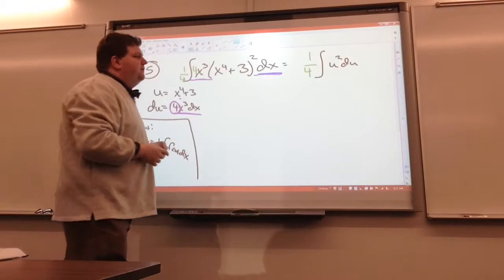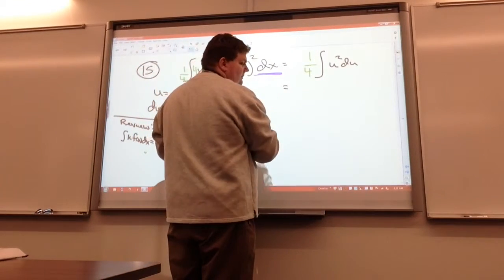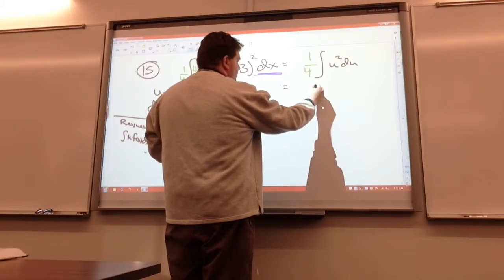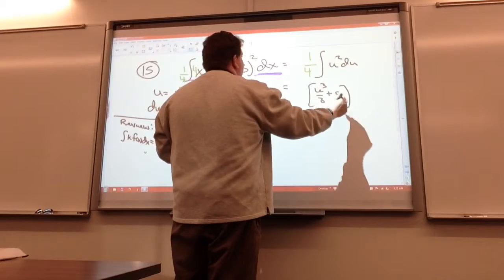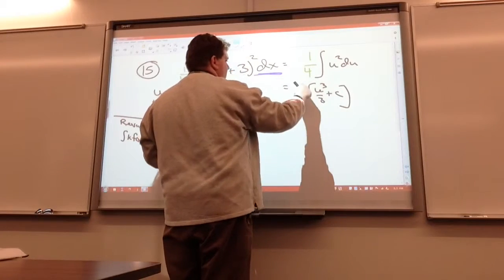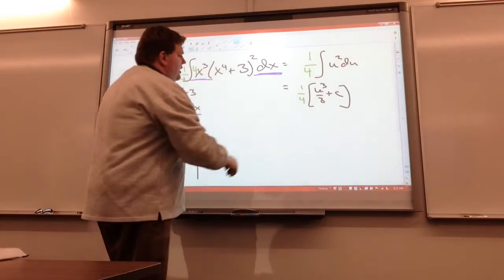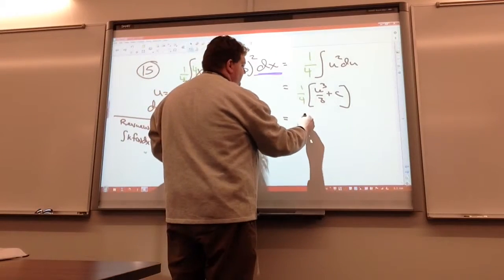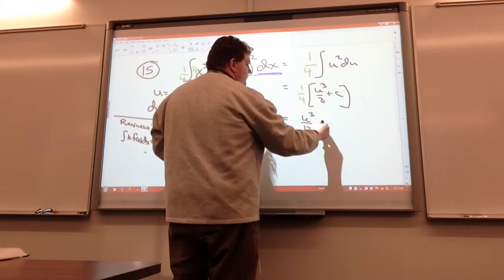What's the antiderivative of u squared? It's u cubed over 3. U cubed over 3 plus c, and then out in front of that all is still 1/4, so it'd be a 12. And if you wanted to write your final answer out, yeah, you could write it as u cubed over 12, plus c.